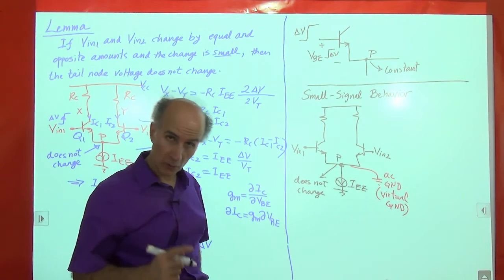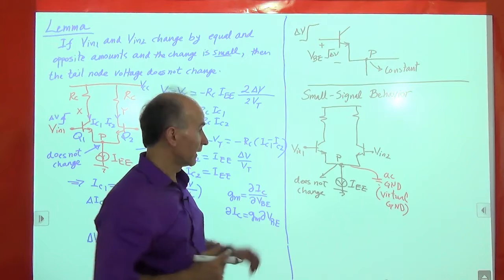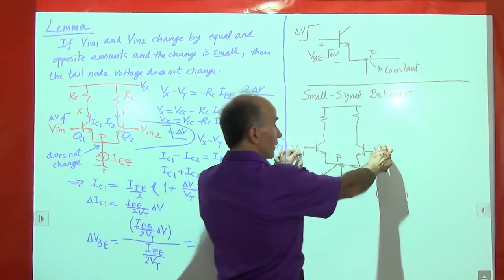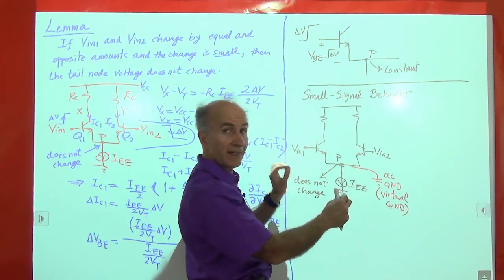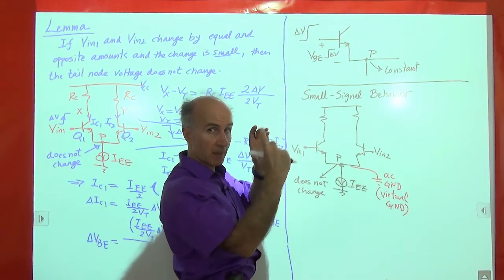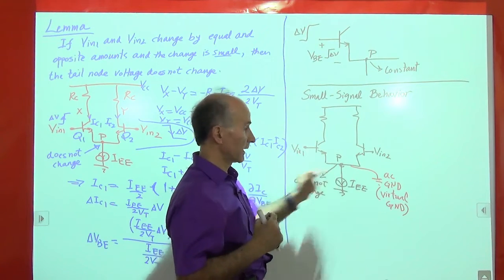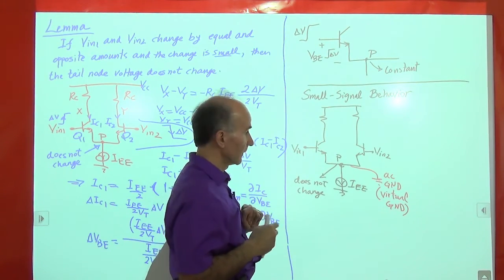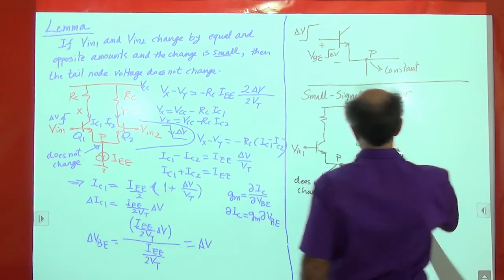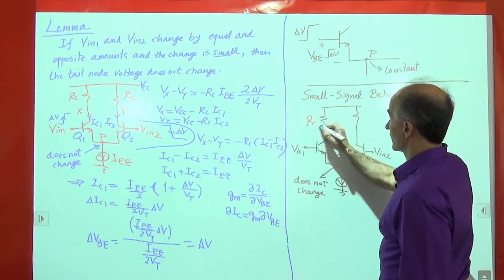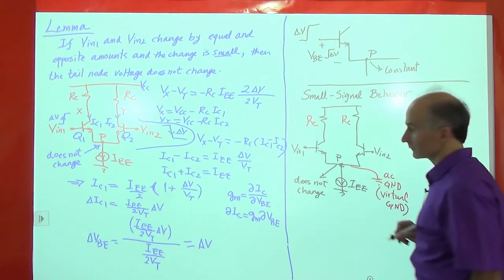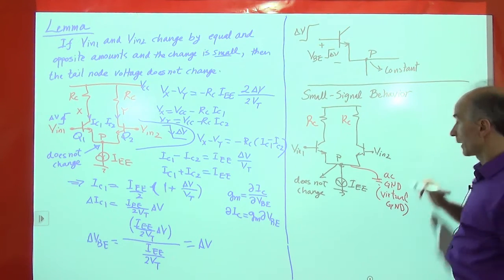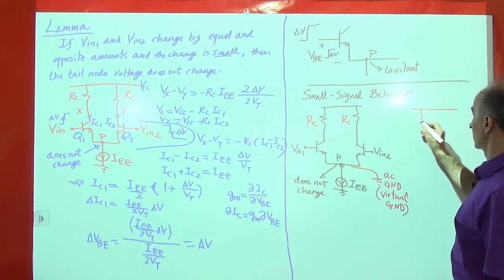The voltage does not change with time because our assumption is that whatever signal is coming to V in 1 and V in 2 is a differential signal and it has a small amplitude. So node P does not change with time. Okay, so if that's the case, and I have these resistors here, in my mind, I can draw it like this, right?